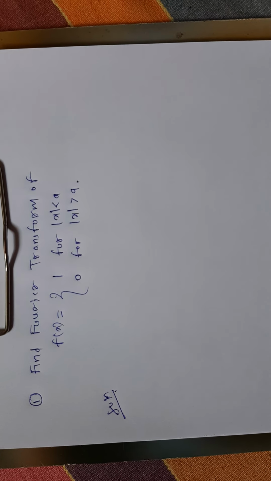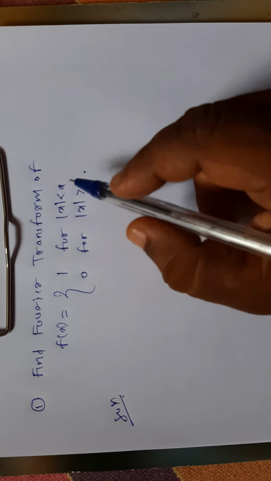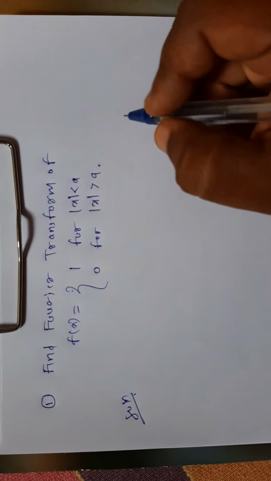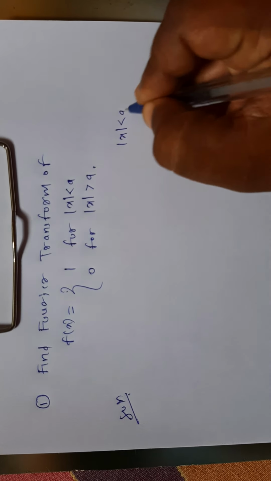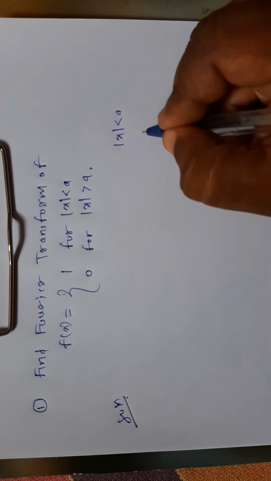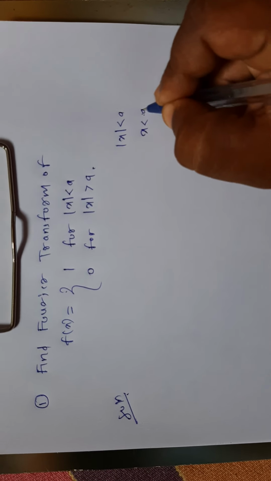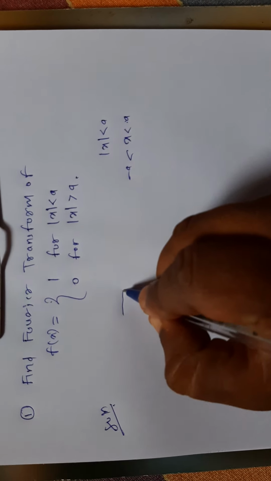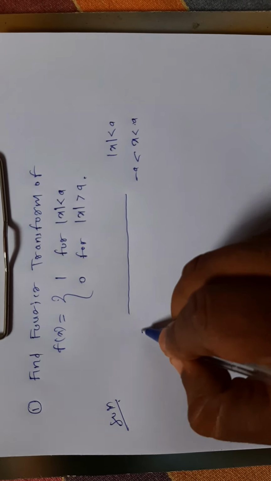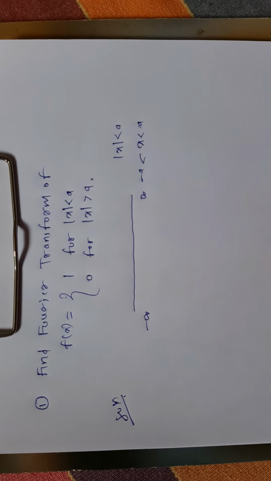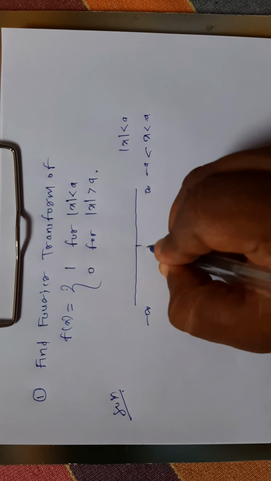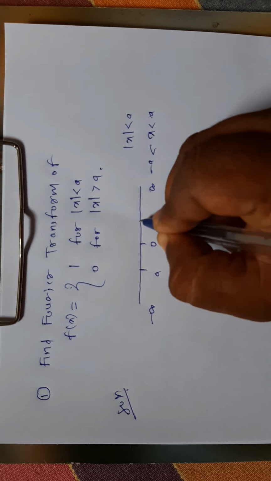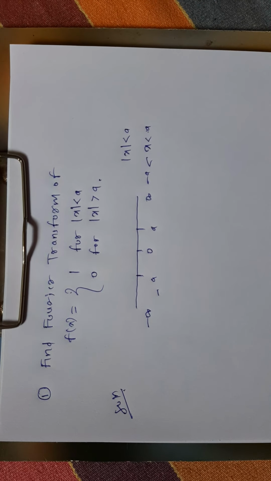So before we start with the example, we will see the definition of modulus. So mod of x less than a means x lies between plus a and minus a. If I plot a real line from minus infinity to plus infinity, here it is 0, here I will take some a, minus a and plus a.